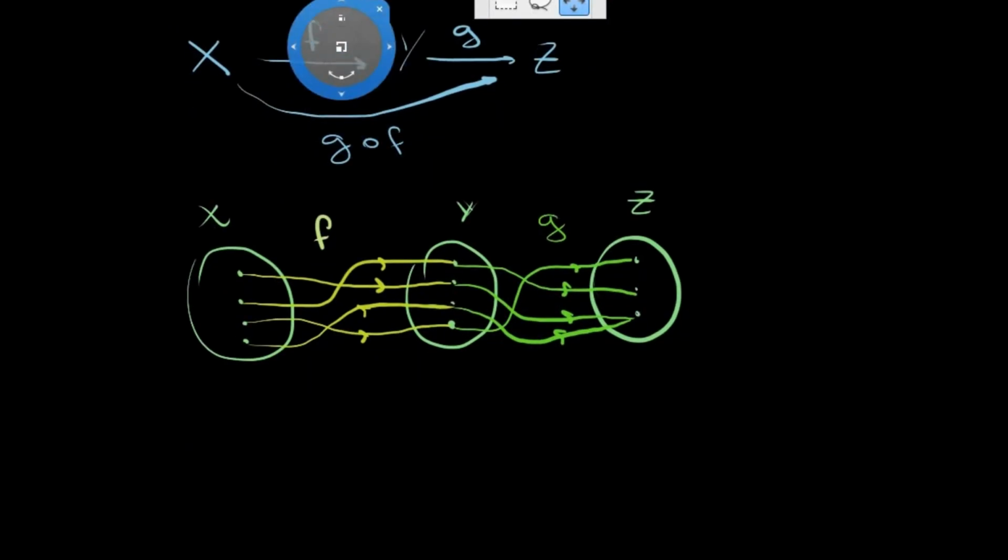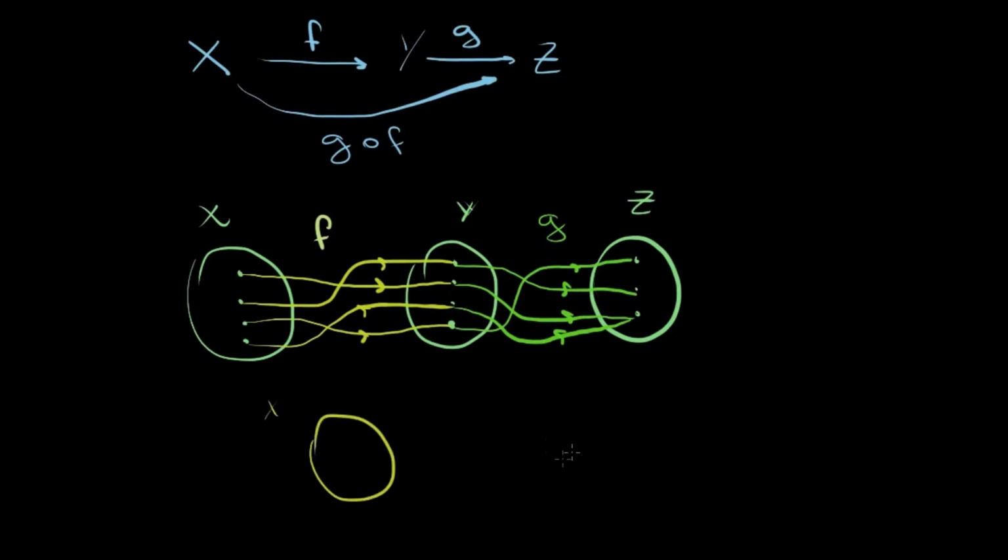Let's now think about the composition. For the composition, I'm going to draw just this set X and the set Z, because the composition takes an element from X and gives you a result in the last one, in Z. So I'm going to do the same here.